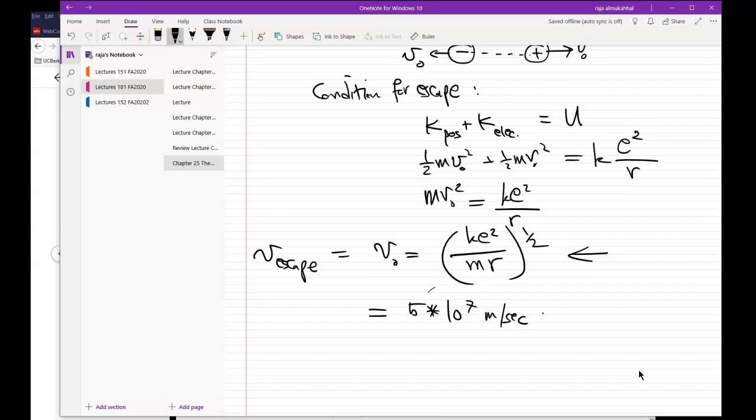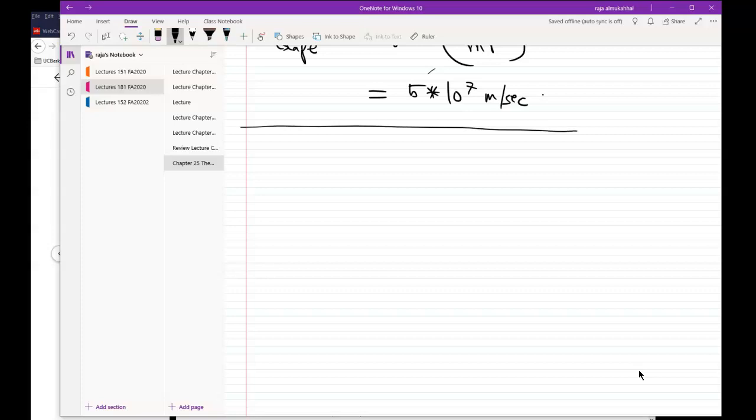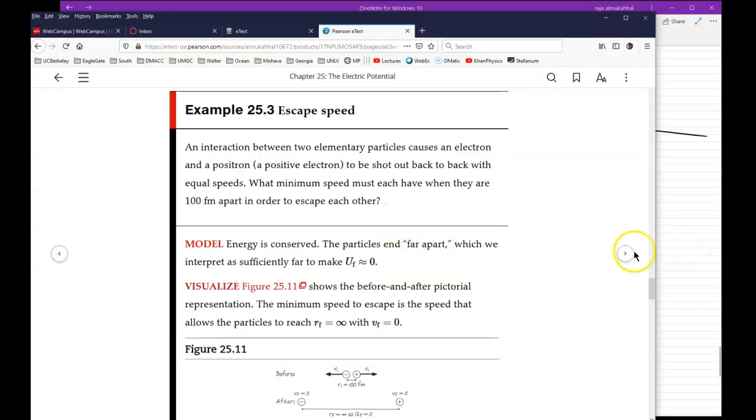Example 25.4. That's the next page, same section.